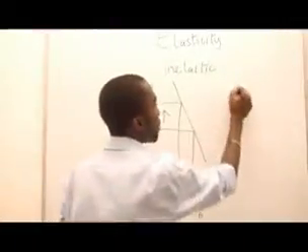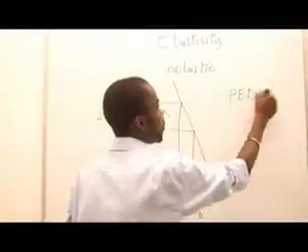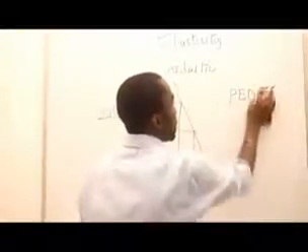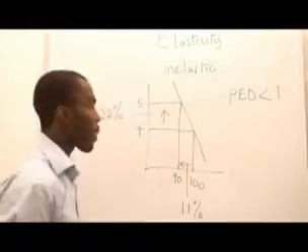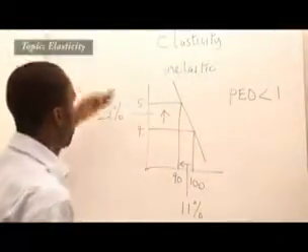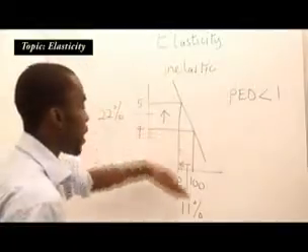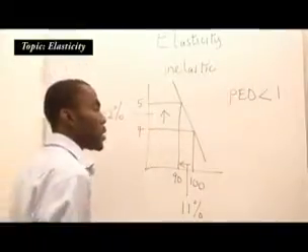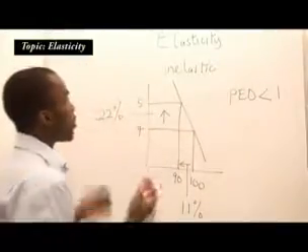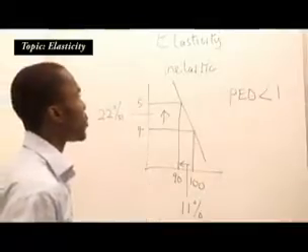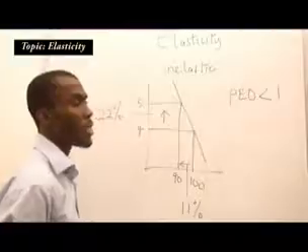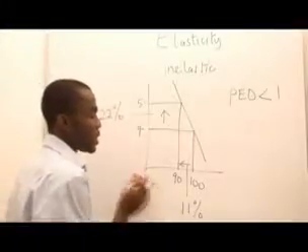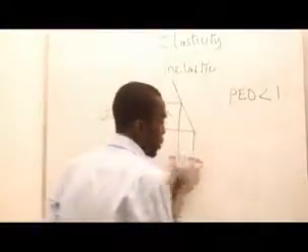In the end, when you calculate your price elasticity of demand, you should get a figure which is less than 1. Okay. So price increase will be greater than the quantity decrease. So in this case, we can say that a unit increase or a unit change in price will lead to a less than 1 unit change in quantity demanded.